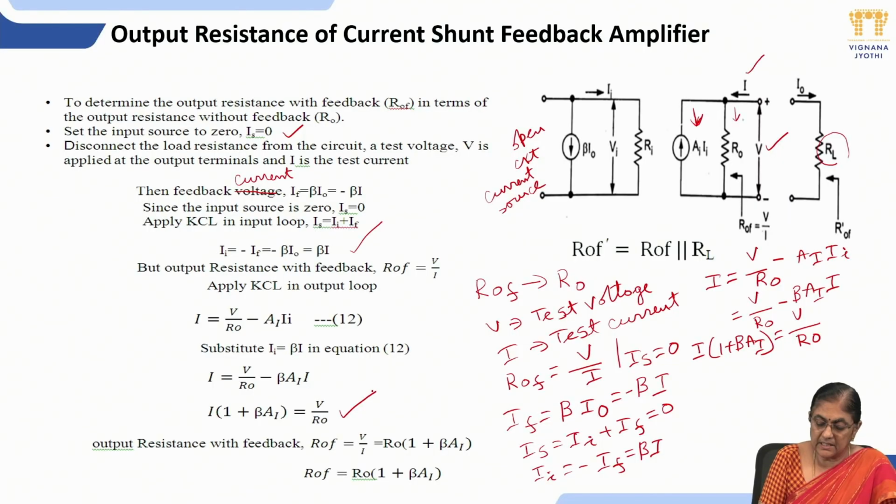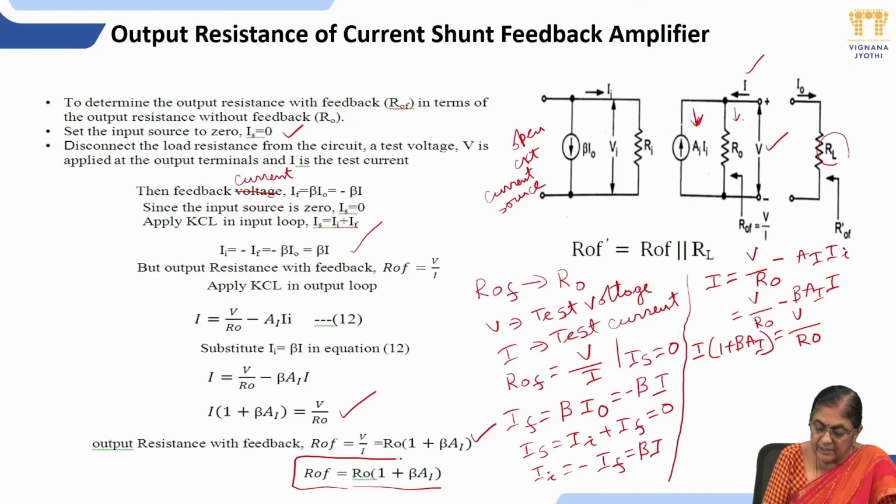So output resistance with feedback R0F is equal to V by I. By rearranging the terms, what did you get? V by I is equal to R0 into 1 plus beta AI. So therefore R0F, that means output resistance with feedback, is equal to R0 into 1 plus beta AI.